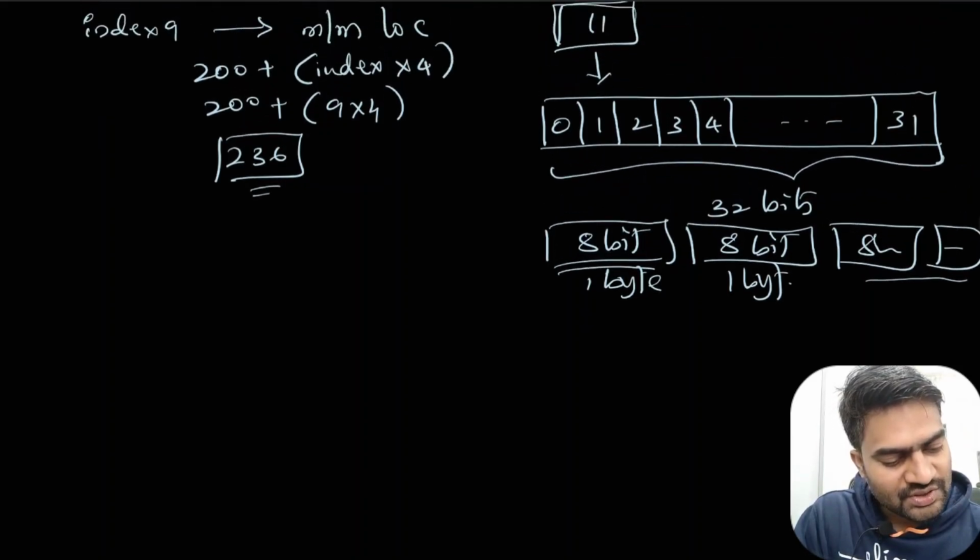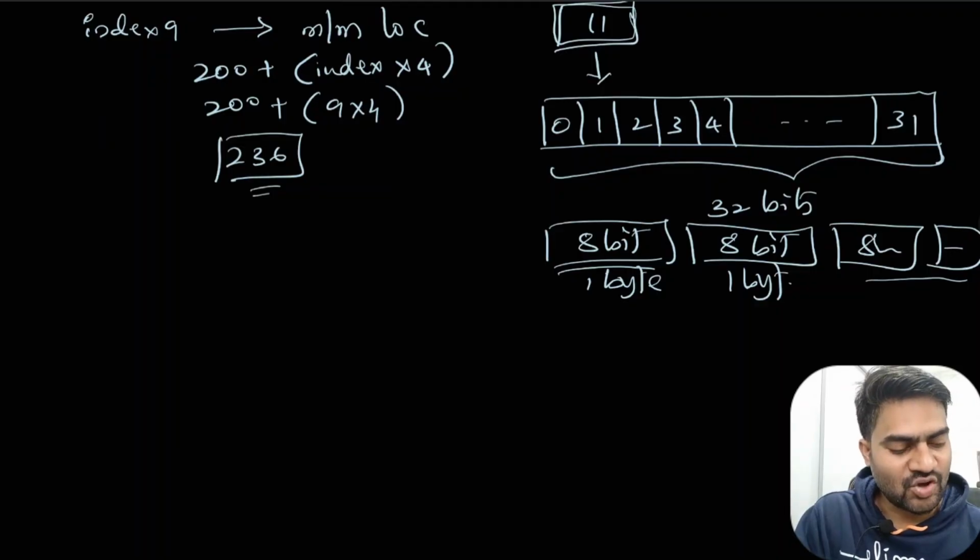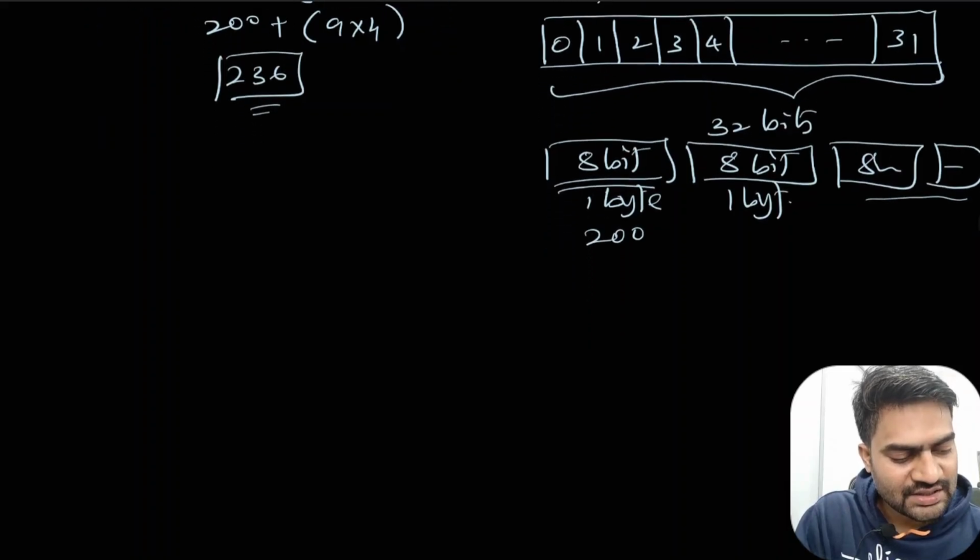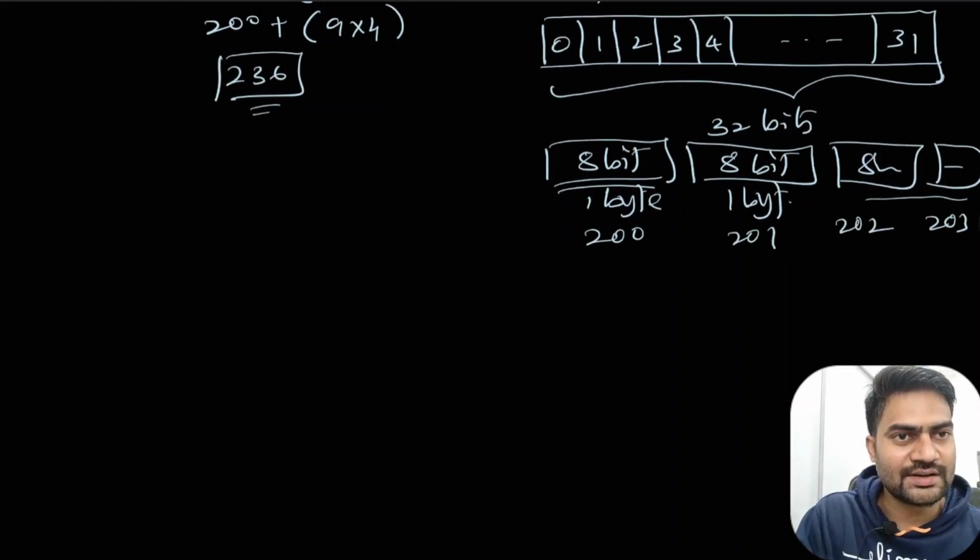Now if you see, on a whole, for the representation it is a single block, but internally it will have 32 bits, and these will be addressed with 4 memory locations, each of 1 byte. So this will be addressed with 200, this is 201, this is 202, and this is 203.